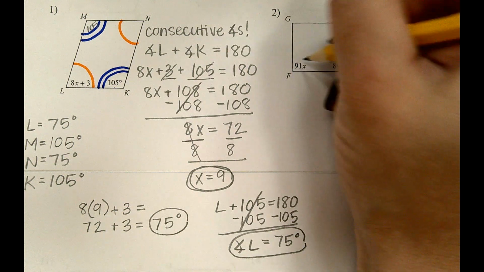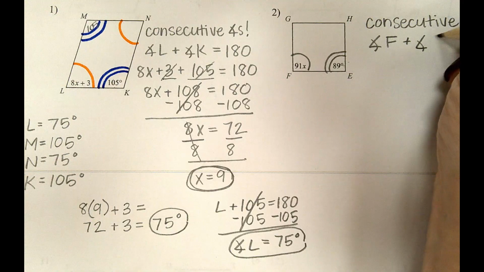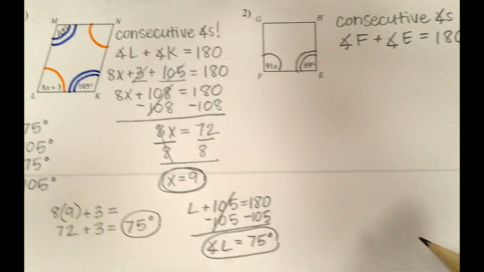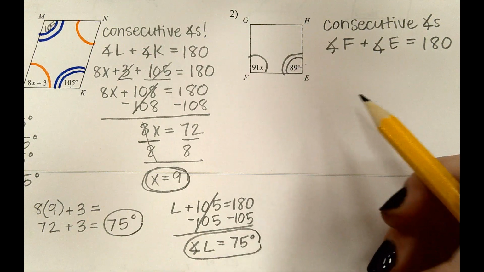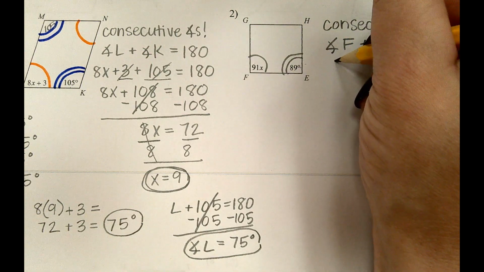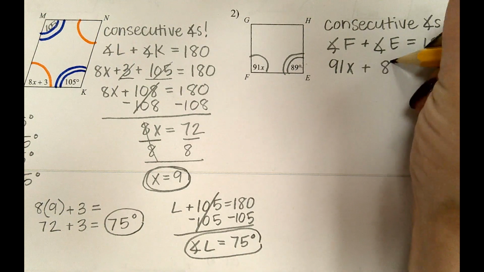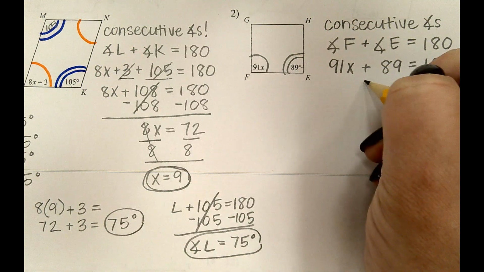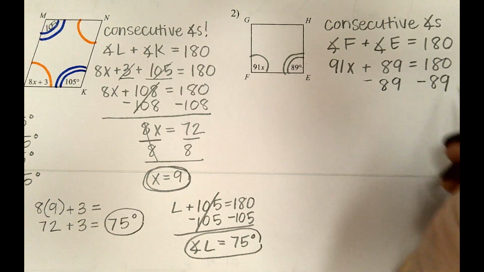Angle F plus angle E equals 180. How could I solve for X? 91x plus 89 equals 180. Subtract 89 from both sides.